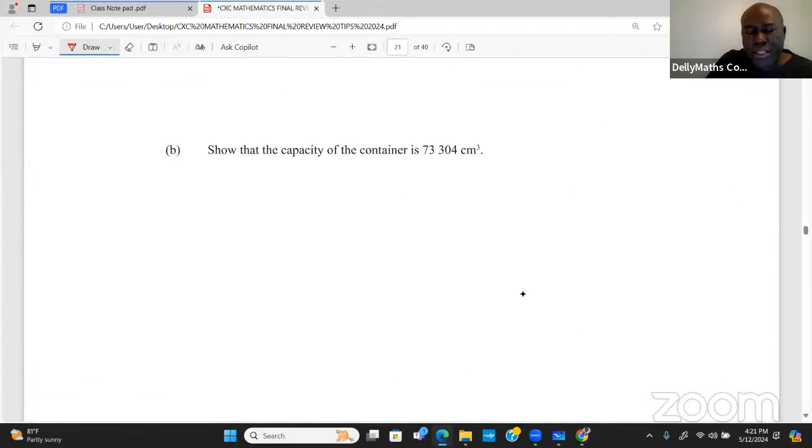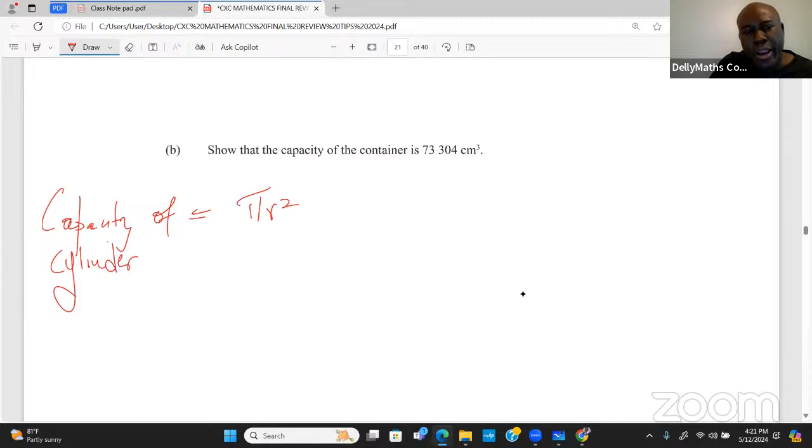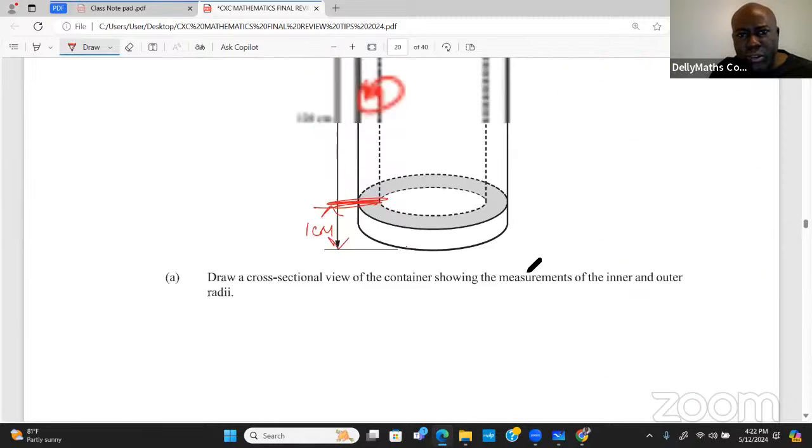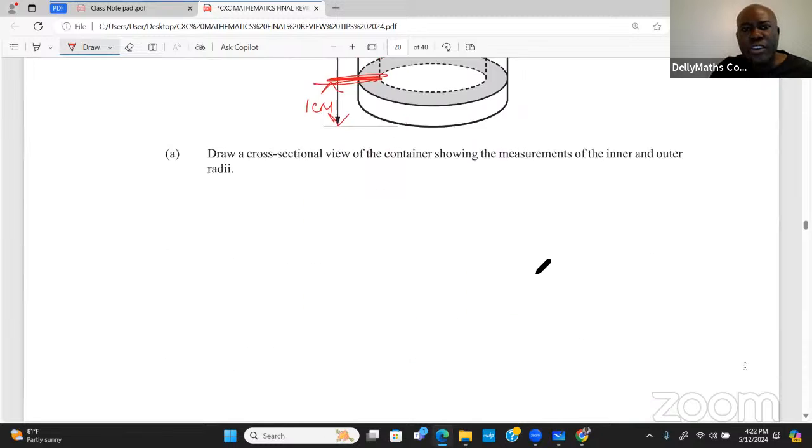The inside cylinder. Let's go for that formula, right? Now, you get the formula from CXC that the volume, well, I'm going to say capacity. We use it interchangeably. The capacity of a cylinder is always pi r squared h, right? Now, let me look if they told me to use a certain value for pi, 22/7.